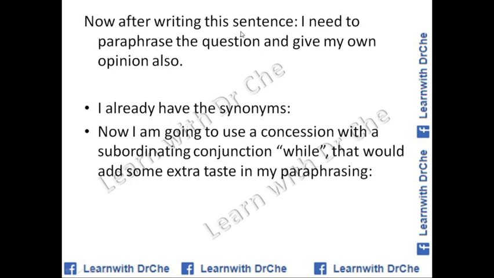Now, after writing this sentence, I need to paraphrase the question and give my own opinion also. I already have the synonyms that I have given you. Now I am going to use a concession with the subordinating conjunction while. That would add some extra taste in paraphrasing, and that would change my sentence into a complex sentence.